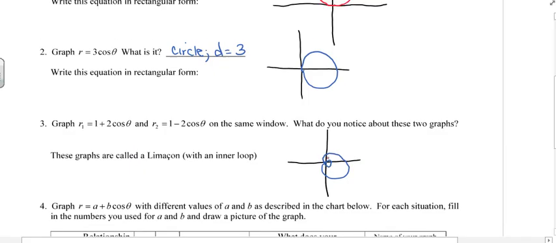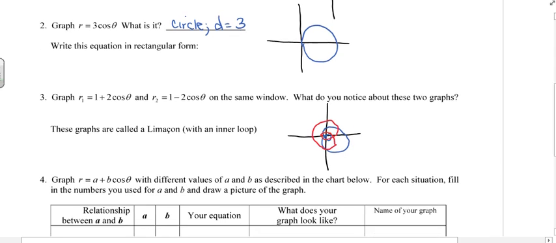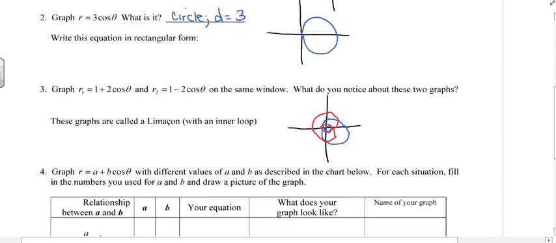This is going to be a little tricky to draw. I'll do the best I can. What do you notice about the two graphs? Well, they're symmetric with respect to the y-axis. More importantly, the name for this graph, they're called a limaçon with an inner loop.